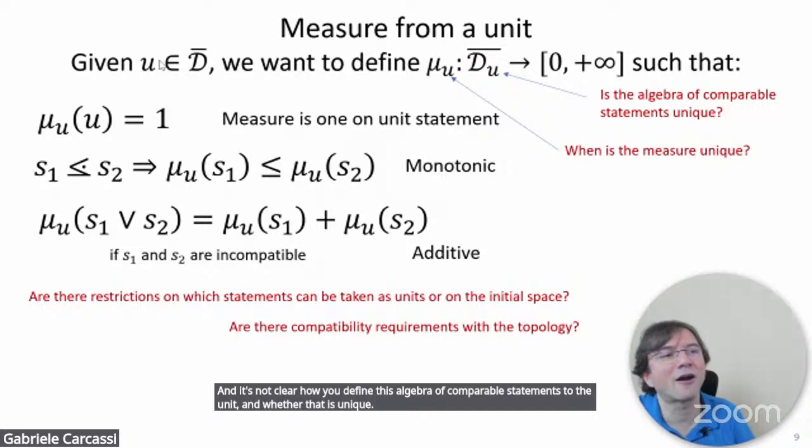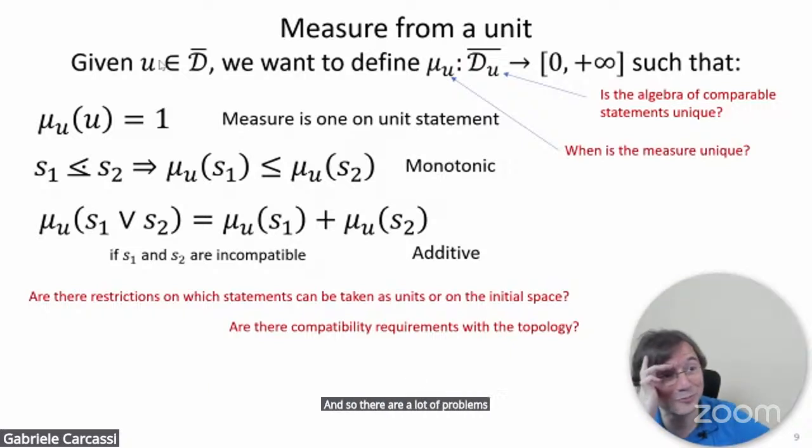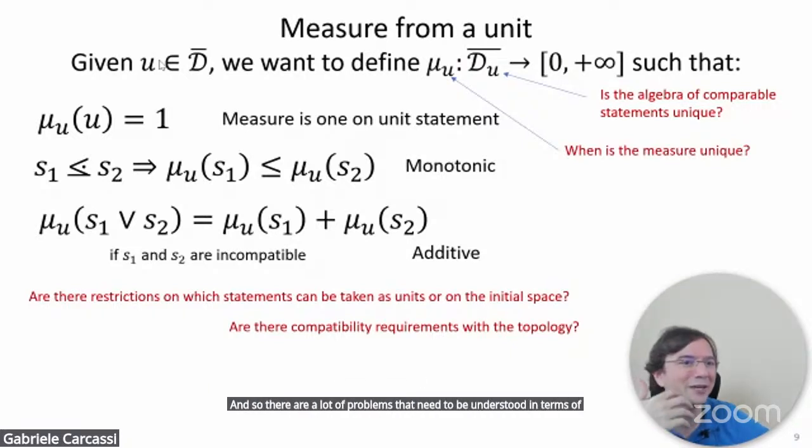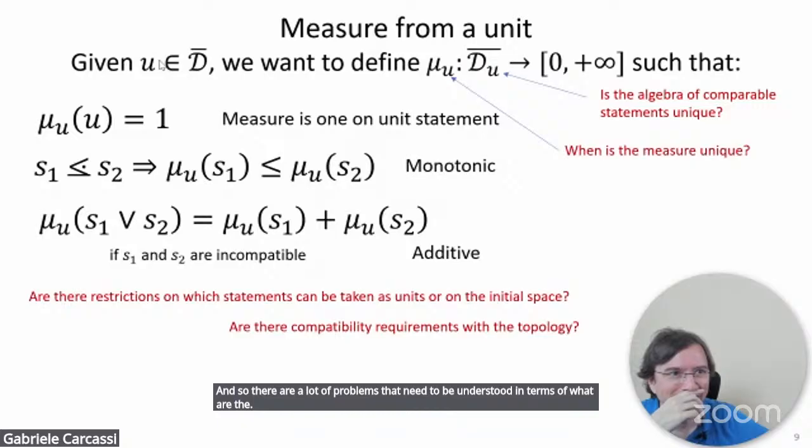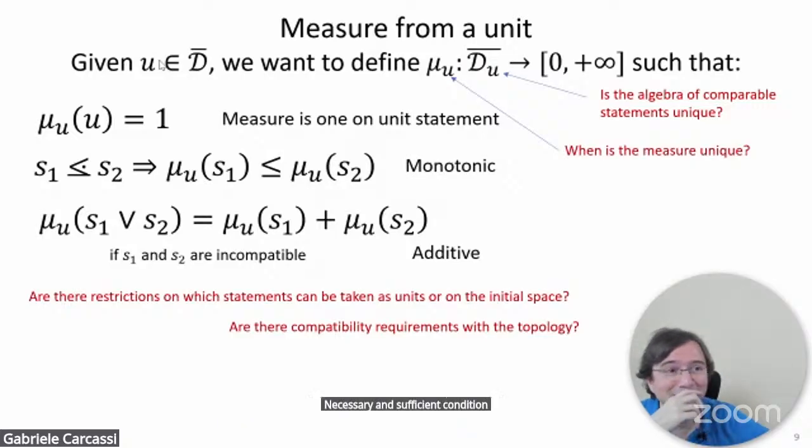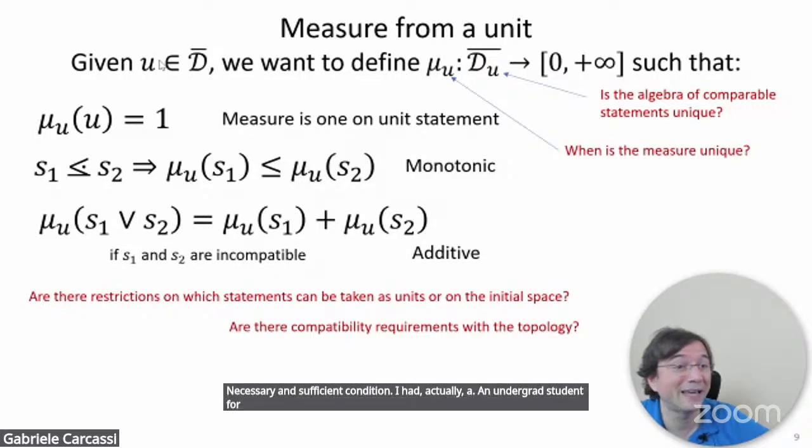And so there are a lot of problems that need to be understood in terms of what are the necessary and sufficient conditions. I had an undergrad student, actually he was quite good, because in the first year he could already futz around with these things.